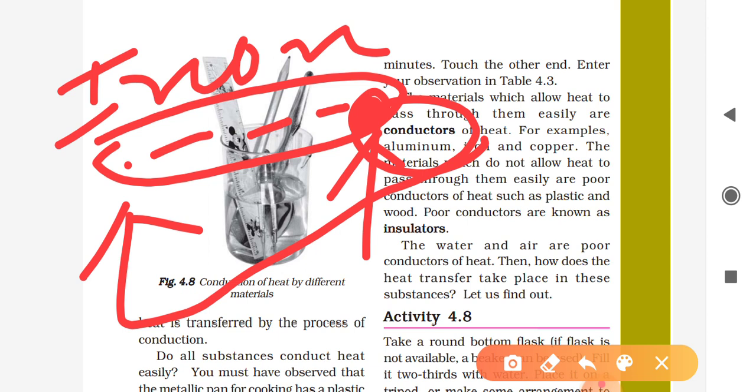You can note down some conductors: aluminium, copper, iron. You can also use the utensils available in your house and check whether they are conductors or insulators.